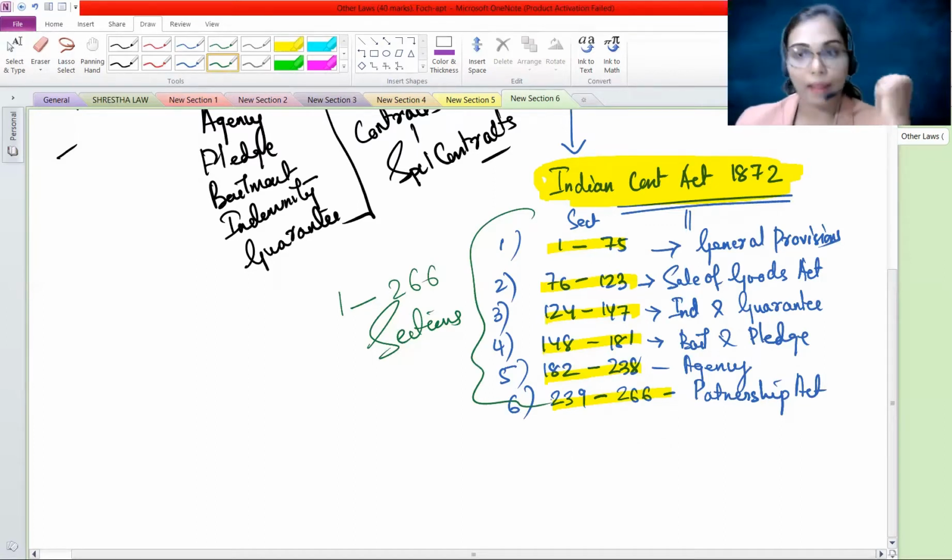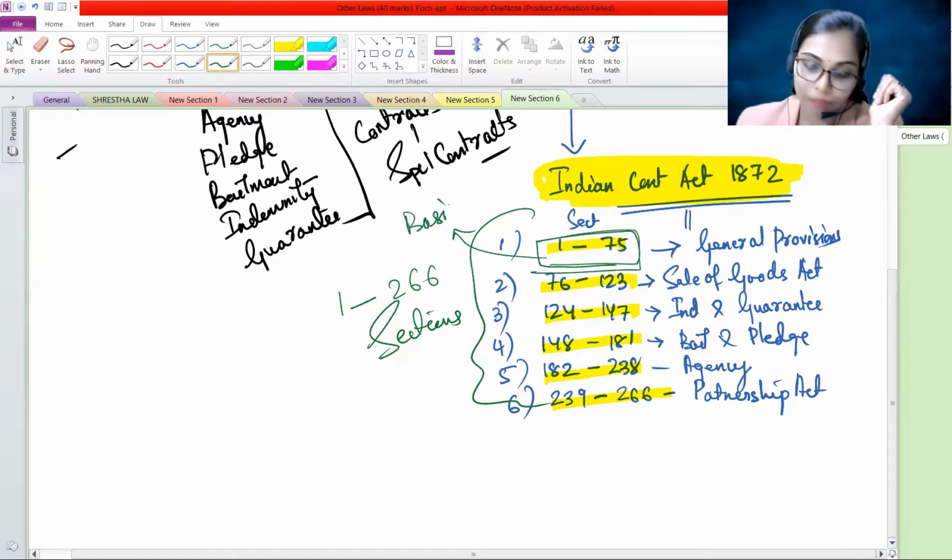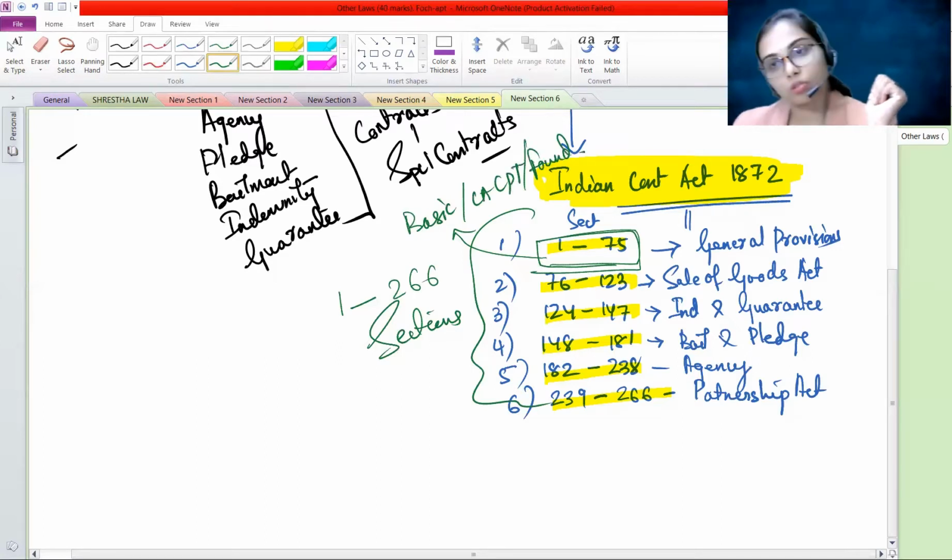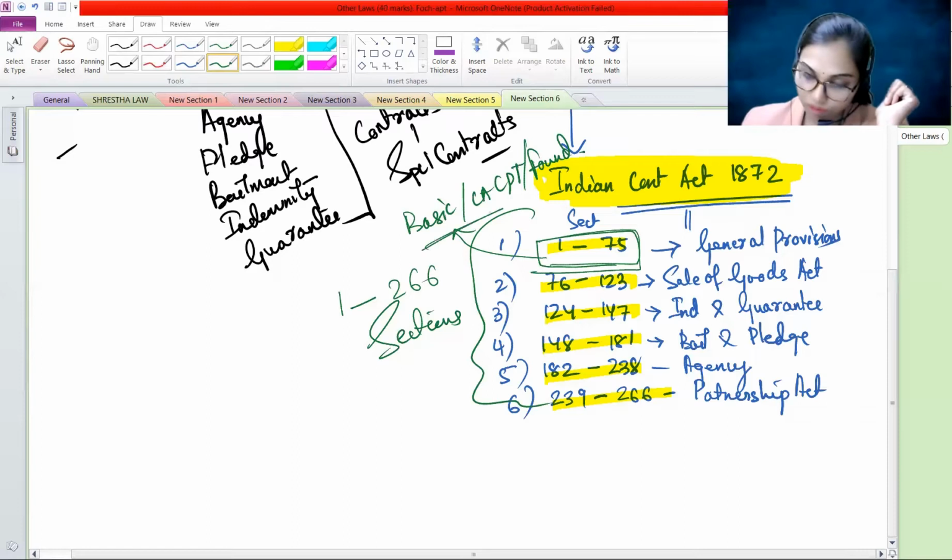But what happened is, the first part, sections 1 to 75, was studied in our basic level, CA CPT or foundation course. You must be recalling, yes ma'am, 1 to 75, we have done all these things. Now let's go to the second portion.